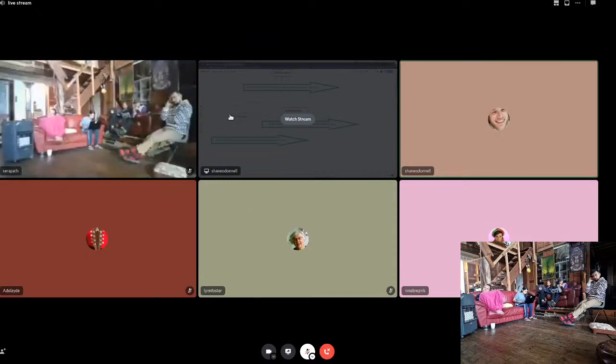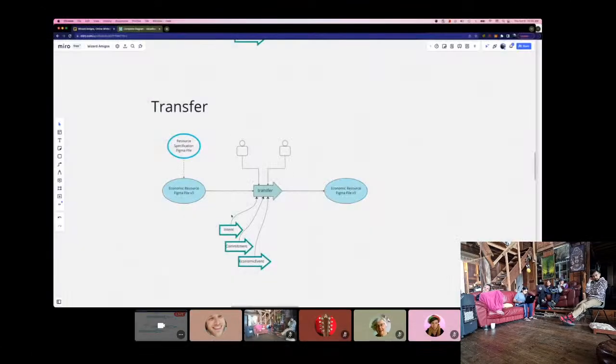They don't all have to happen, but they could happen all at the same time. So for example, if I'm selling you an apple, I'm going to do a full transfer of an apple from me to you, right? I'm giving you the physical apple, and I'm giving you the rights to the apple. You can do what you want with it. You can eat it or make a pie with it.